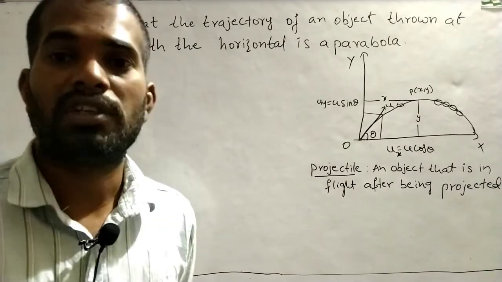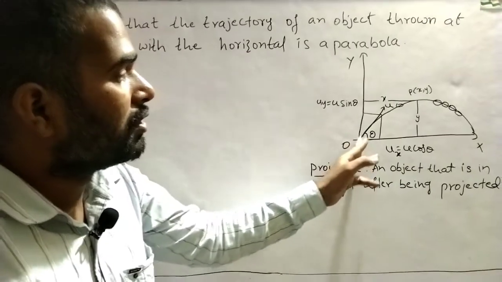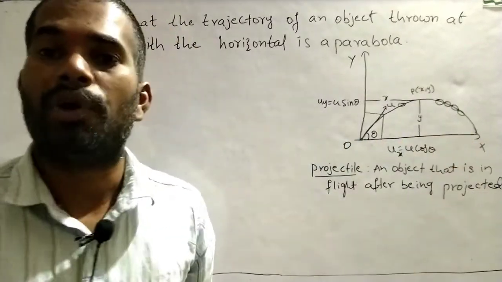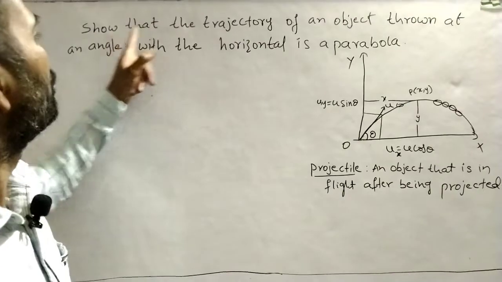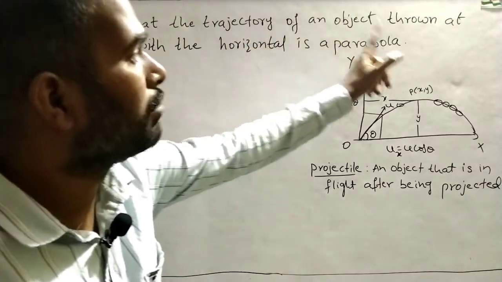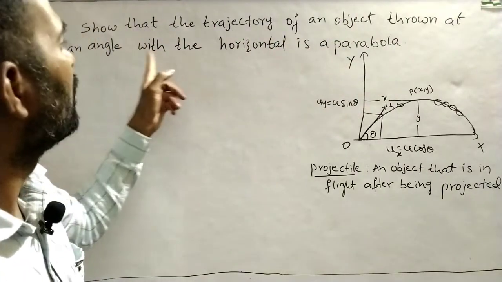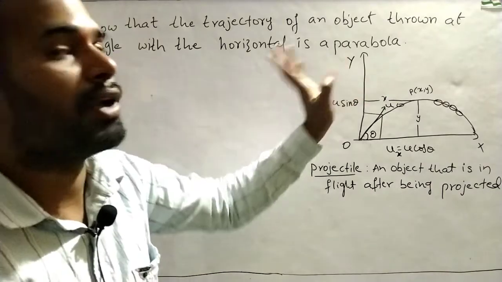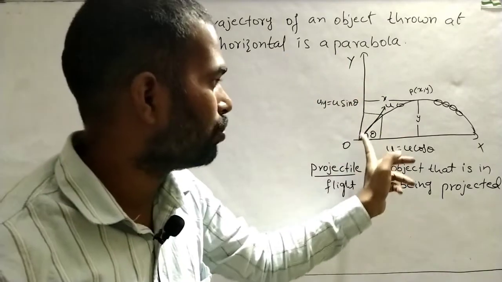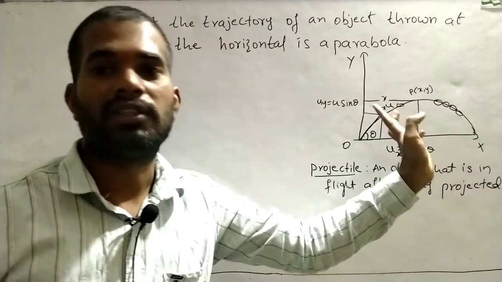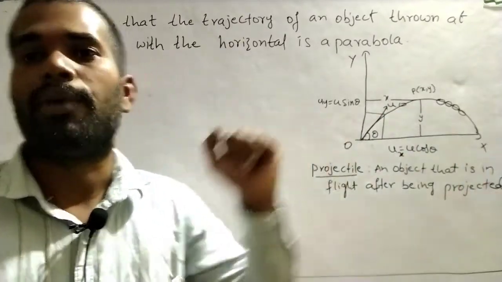What is the trajectory? Trajectory means this path of the object. Show that the trajectory of an object thrown at an angle with the horizontal is a parabola. So we have to show this path, this trajectory, is a parabola.